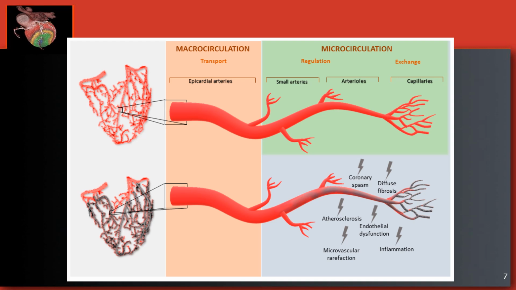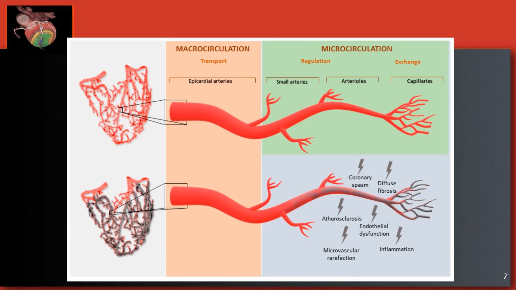This diagram is showing you macro versus micro circulation. Macro circulation is what we are more used to seeing with perfusion imaging. You have the left main, the left anterior descending, the right coronary artery, and the left circumflex, and those are the major blood vessels.